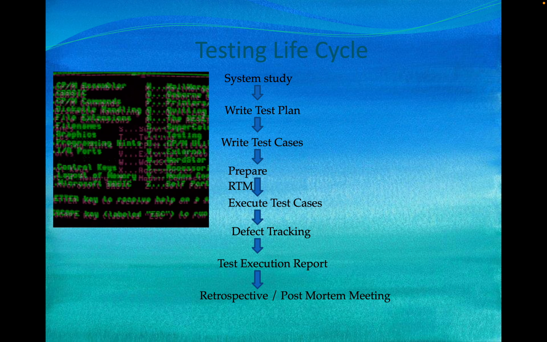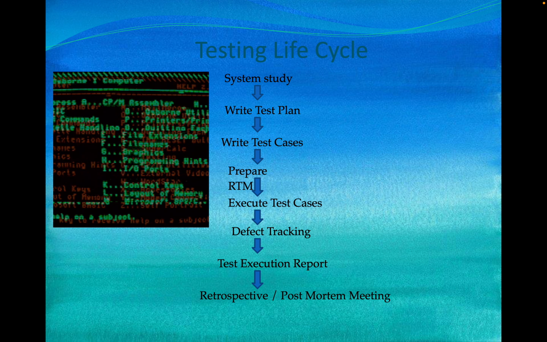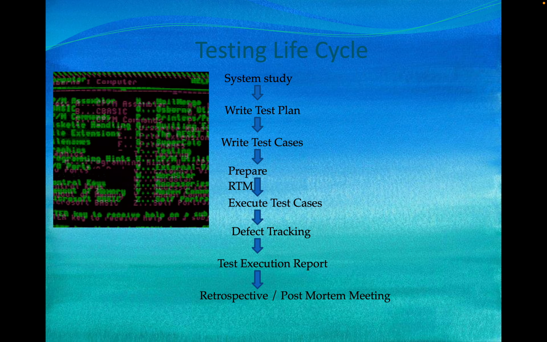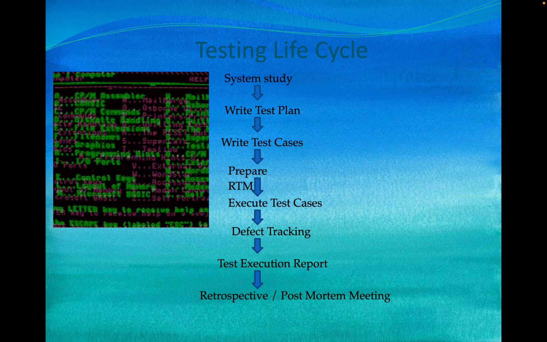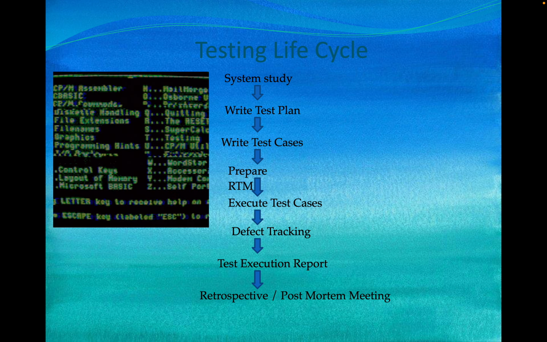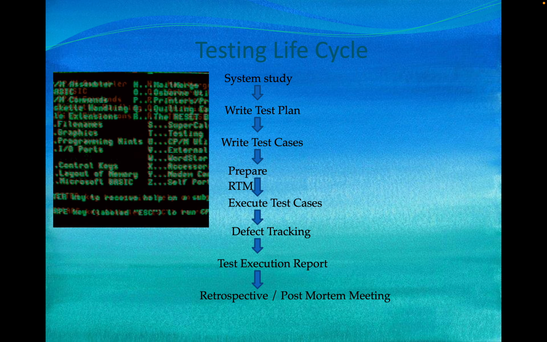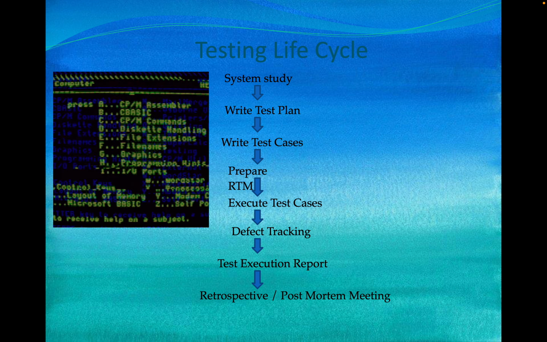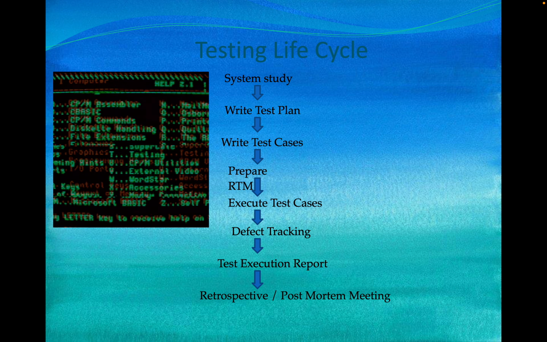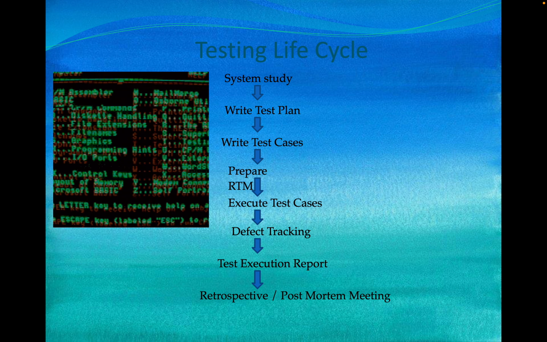That's where the testing life cycle begins. We perform the system study, write the test plan, write the test cases, prepare the requirement traceability matrix, that is RTM, and we have to execute the test cases.